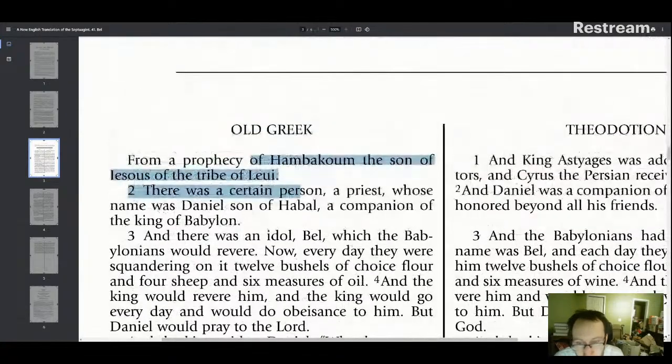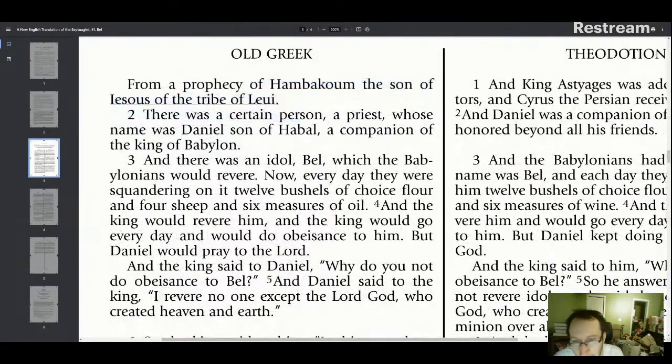And so I believe the Susanna story also comes from that same apocryphal book of Habakkuk. And we have, let's see here, one second here. There is a list of apocrypha books which mentions, let me see, hold on one second.